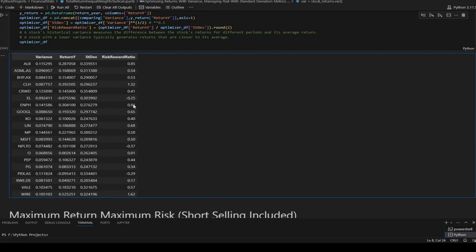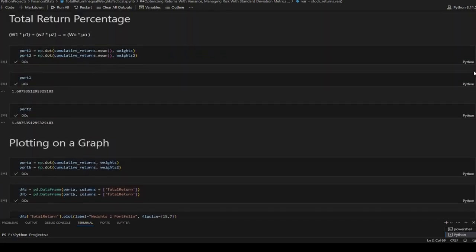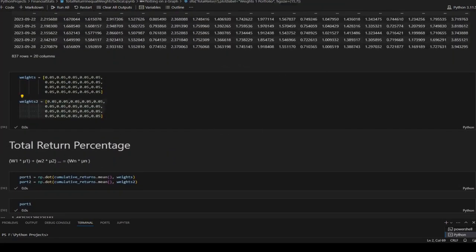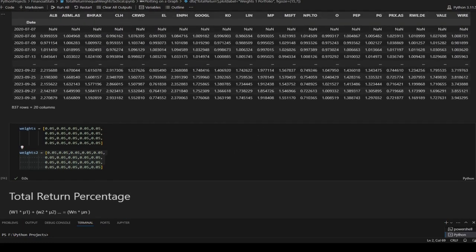So we're going to start with Albemarle and Wire. We will change Wire to 15%. We will change Albemarle to like 12%. And we will change CLH to 15%.